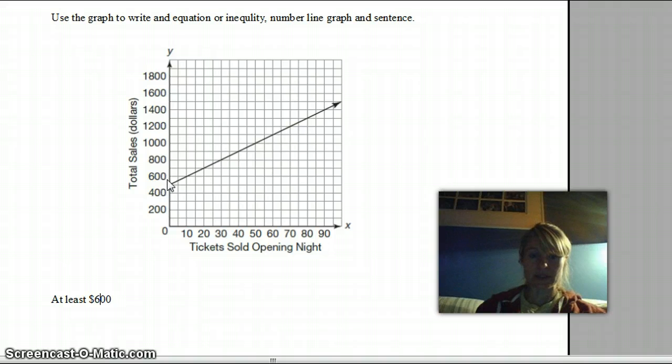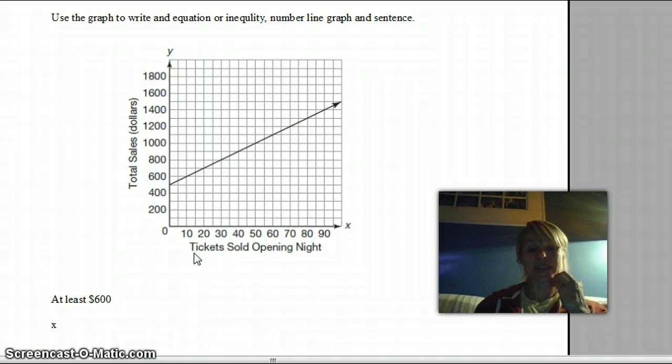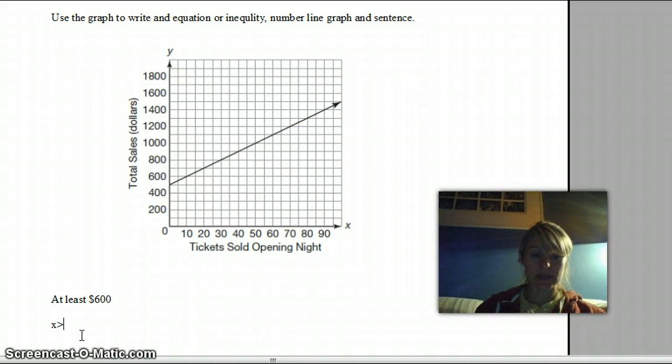So you have to go to your 600, go over and go down, so that's 10 tickets. So on that we should have x, it says least, so that means it has to be that much or more. So that should be greater than or equal to, do a little underline here.